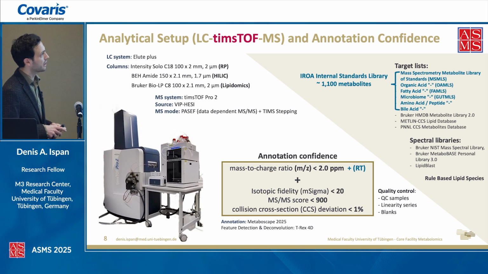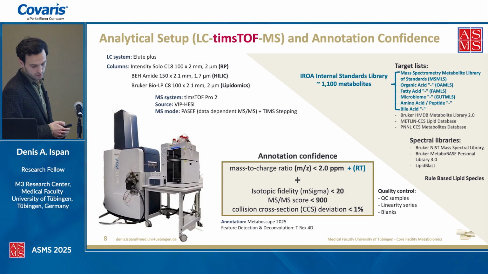For the annotation of metabolites, we use our internal standard library, with around 1,100 metabolites, to attain the highest level of confidence. Then we also have purchased or public target lists and spectral libraries, and also a prediction tool called the rule-based lipid species.